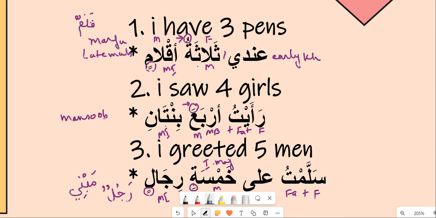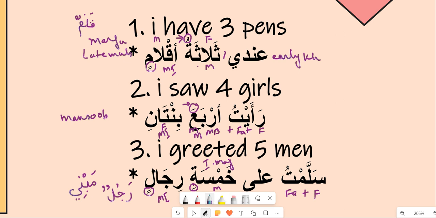When the counted noun is feminine, you will take a male number. First confirm the madud and then go back and take the gender of the number. In this case, the counted noun was male, so the number was feminine. So don't get confused about the gender. Whenever you want to decide the gender of the number, just concentrate on the madud and go back and check the singular form of the madud.